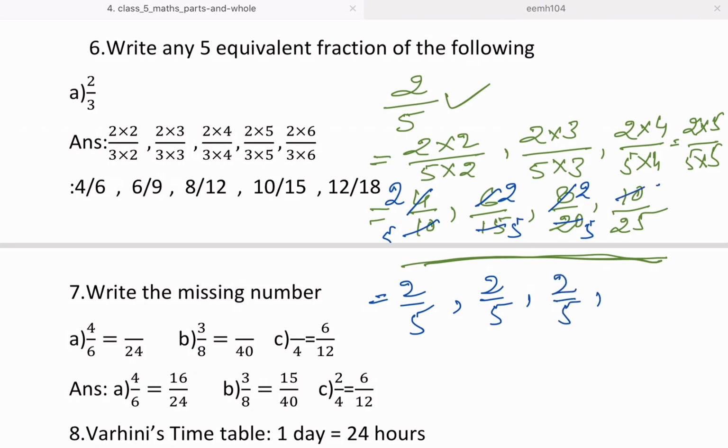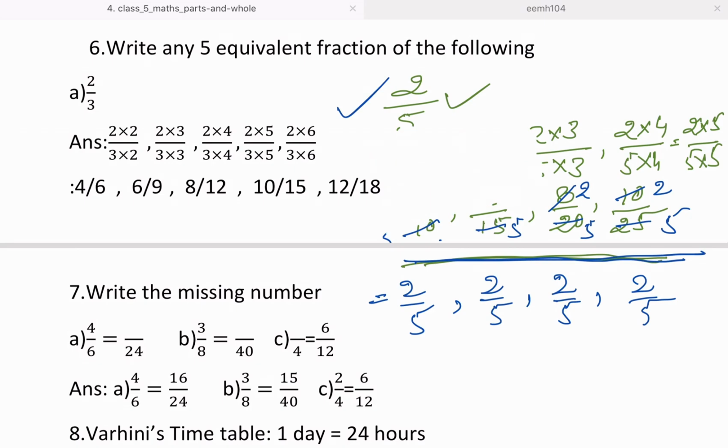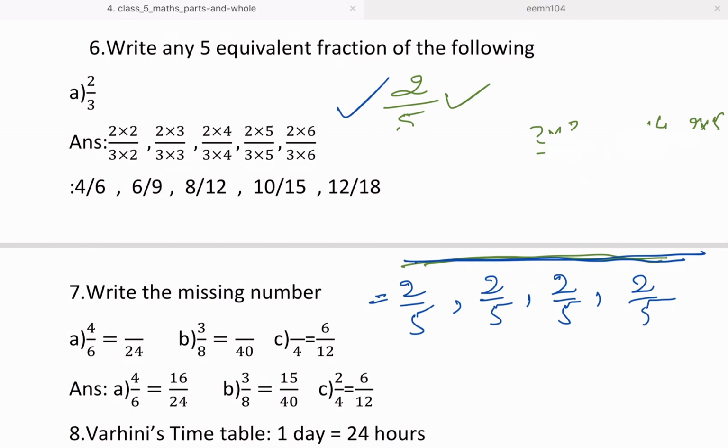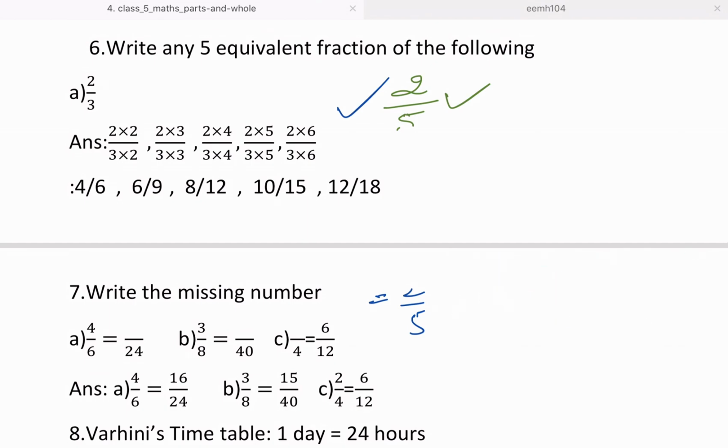And 5 twos are 10, 5 fives are 25. It means when we simplify the equivalent fractions, we will get the actual given fraction. So you can find so many equivalent fractions by multiplying the numerator and denominator by the same number.